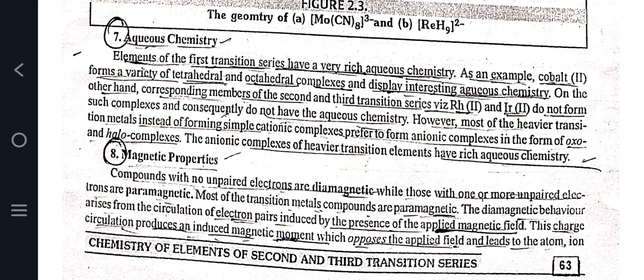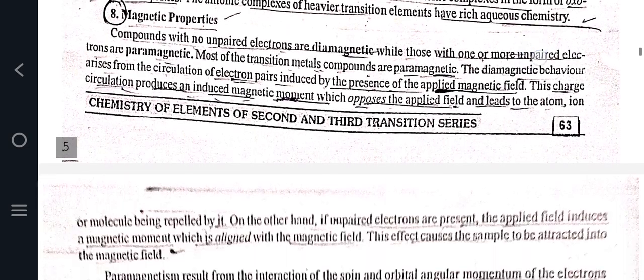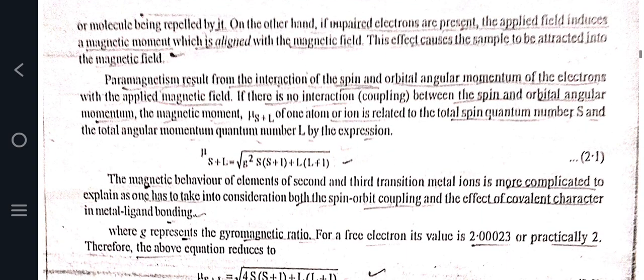This charge circulation produces an induced magnetic moment, which opposes the applied field and leads to the atom, ion or molecule being repelled by it. On the other hand, when unpaired electrons are present, the applied field induces a magnetic moment which is aligned with the magnetic field. This effect causes the sample to be attracted into the magnetic field.